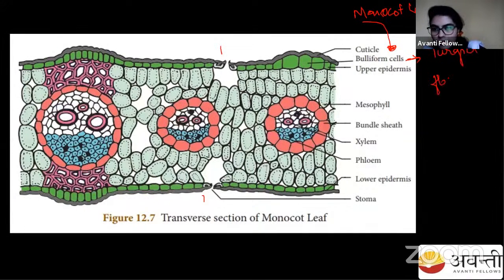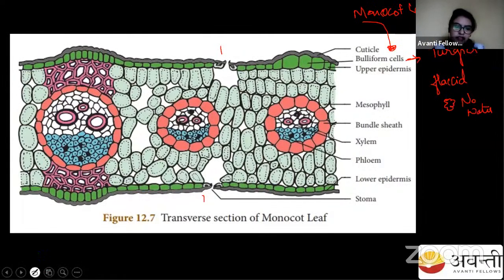Let me write here. A sunken cell means no water. A very bulged cell has plenty of water. This is the difference between turgid and flaccid.